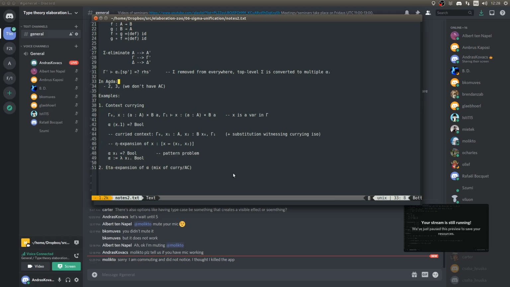I think I was a bit wrong, because Agda has this eta expansion of meta variables, and it can be conceptually understood as some mix of currying and AC, but only in the return type of alpha. So it's still the case that there is some kind of limited axiom of choice in Agda as well, because it's possible to do it, but only in the return type of alpha, but not in the argument of alpha.